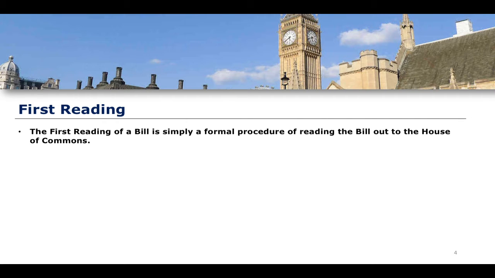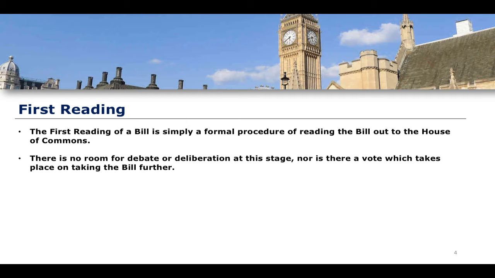But simply, this is what they do, okay? There is no room for debate or deliberation at this stage, nor is there even a vote on taking the bill further. So every single piece of legislation, whether it passes into law or dies at whatever stage through the process, will go through a first reading.